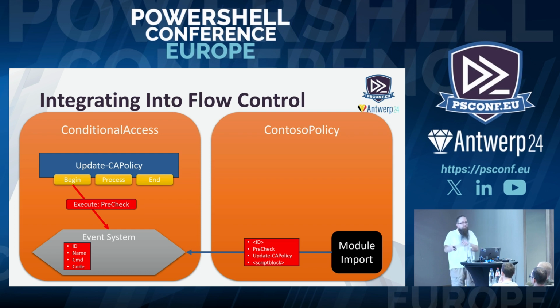And having only one take the dependency of the other and have conditional access call an actual Contoso policy command, even if there's no dependency, that's kind of the recipe for things going really bad. Especially because you can install module conditional access without the other, and then run the command and it's trying to call a command that doesn't exist. So this kind of flow control with an event system that allows us to provide some logic there works really well.